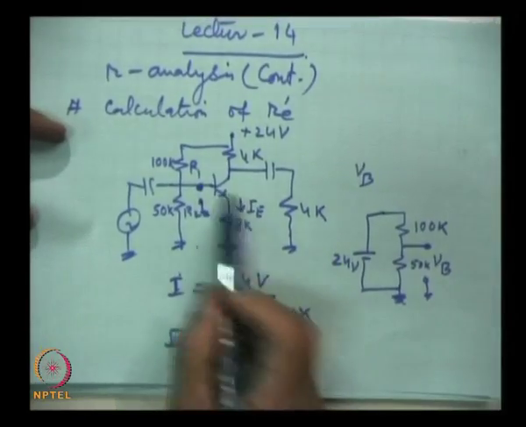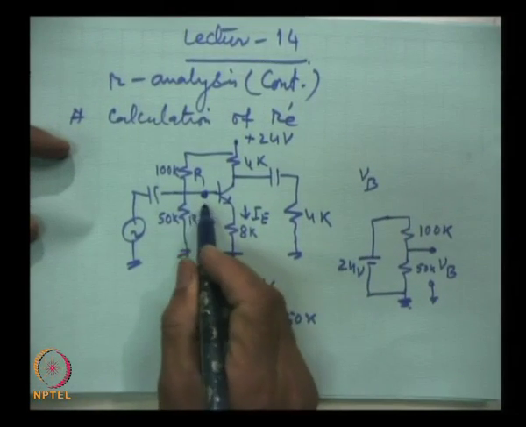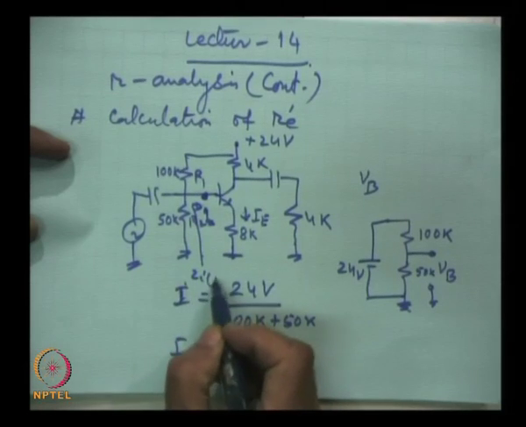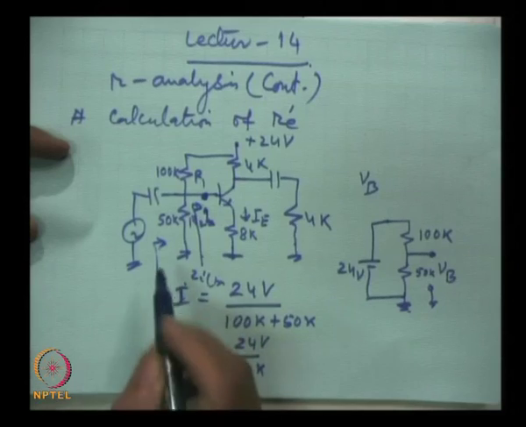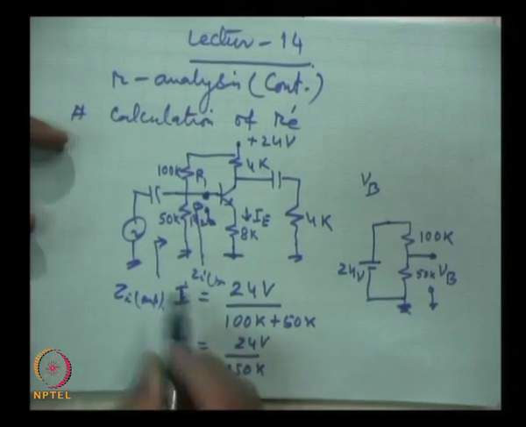For example, you remember that this was the common emitter circuit, and when we see here this is Z in base, and when we take the biasing resistances into account, then this is the input impedance of the amplifier.